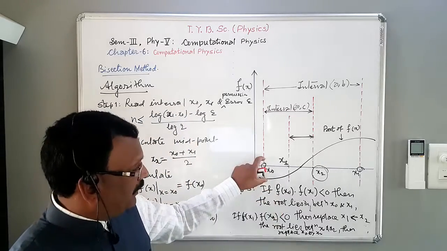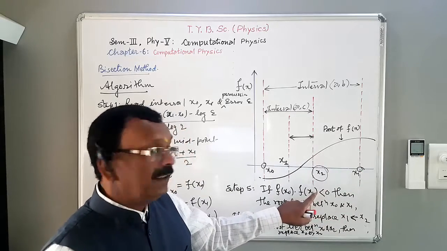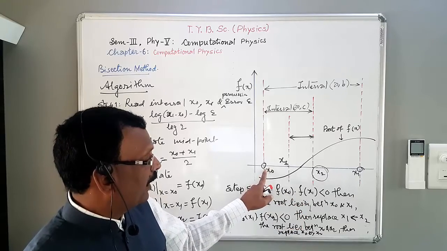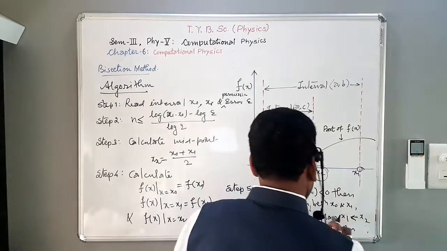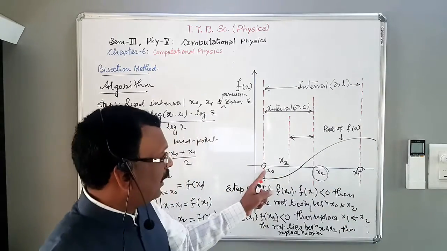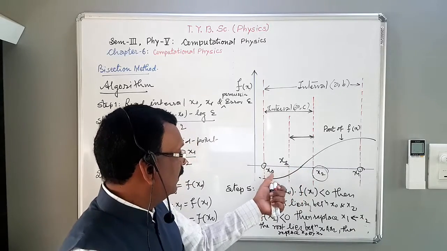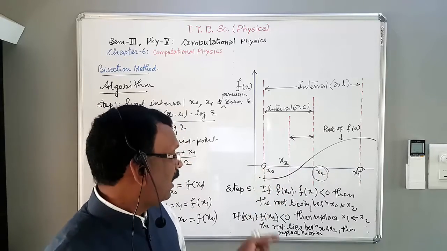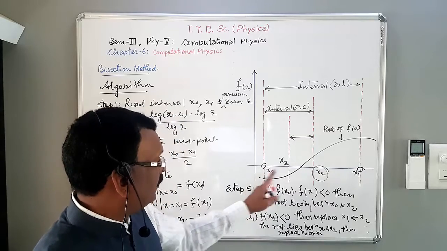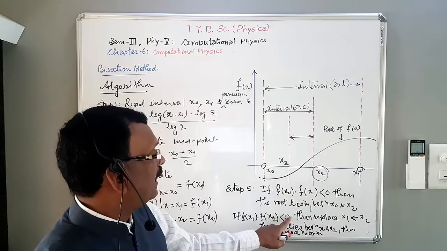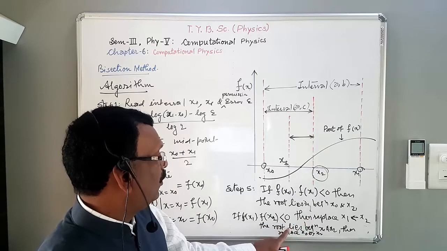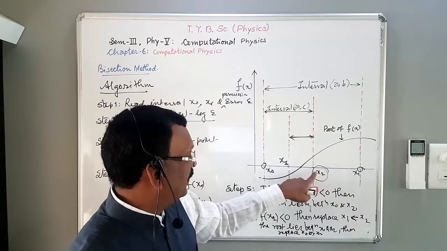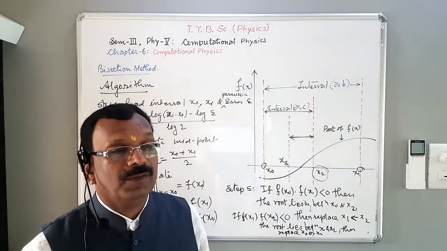If f of x0 and f of x2 is less than 0, then where does the root lie? Between x0 and x2, and then we replace x1 by x2. Otherwise, if f of x1 and f of x2 is less than 0, then the root lies between x1 and x2, and at that time we replace x0 by x2.